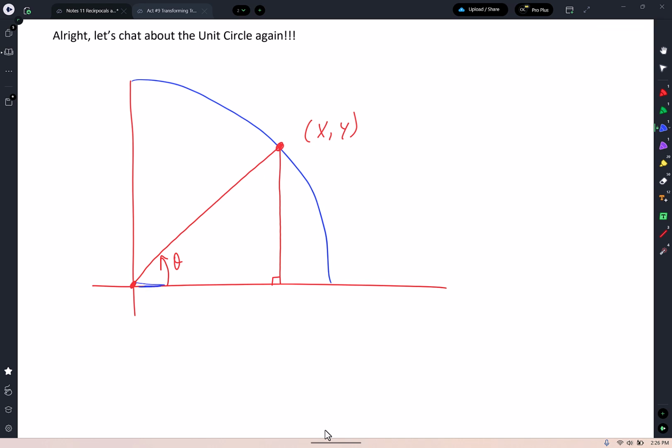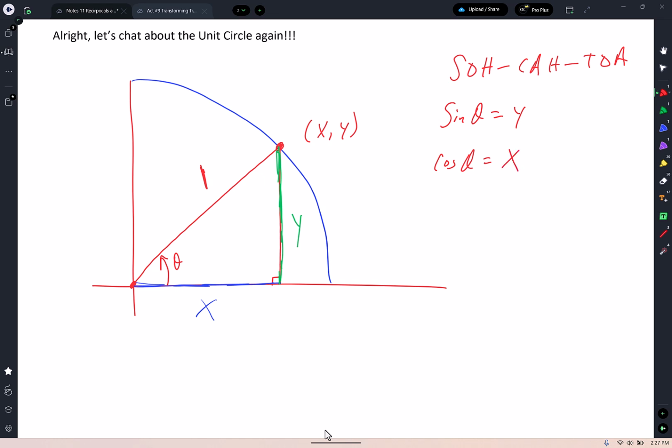This distance here is x, and this distance here in green is y. Because this is a unit circle, this radius is 1. We know that sine of this angle is opposite over hypotenuse, so y. That's why we said sine is just y. We know that cosine of this angle is adjacent over hypotenuse, so we say x.